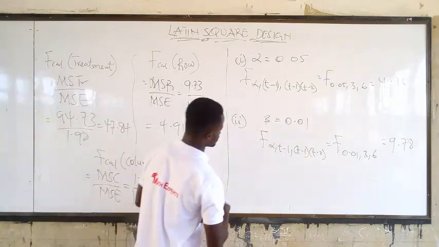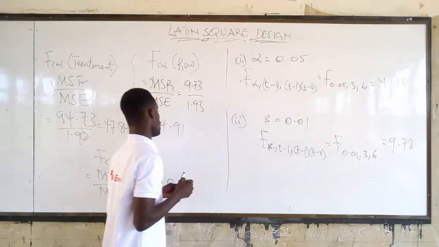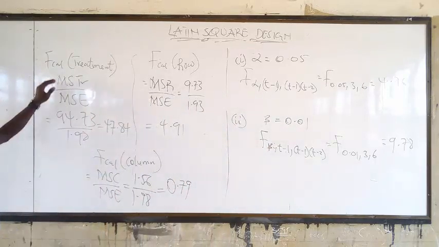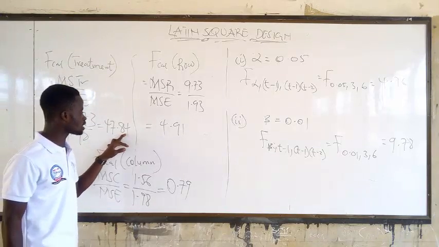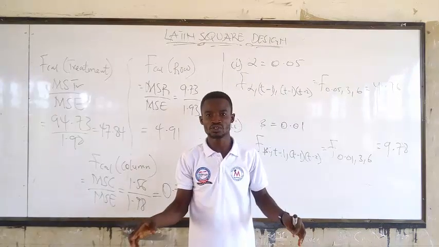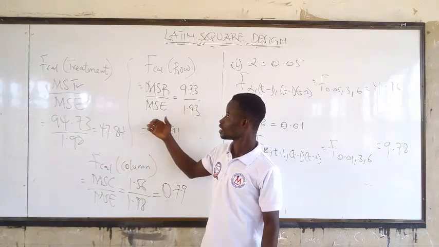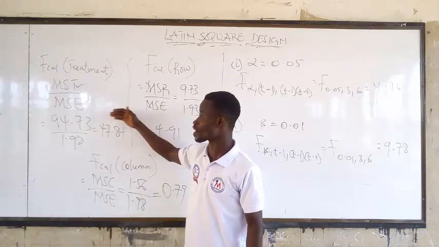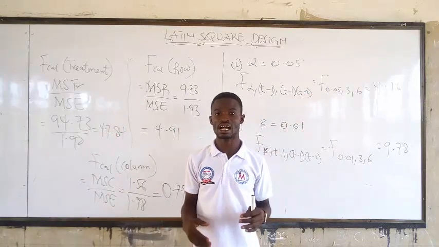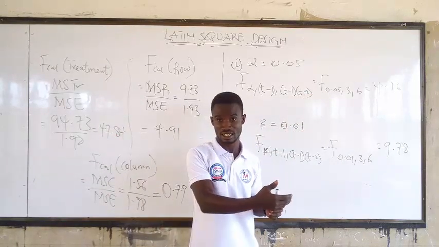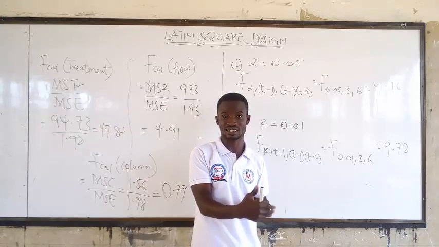Let's see something. Alright, so now, you know F calculated for the treatment is 47.81. Then you conclude: if F calculated is greater than F critical, you reject the null hypothesis, and you say that there is a difference in the mean.